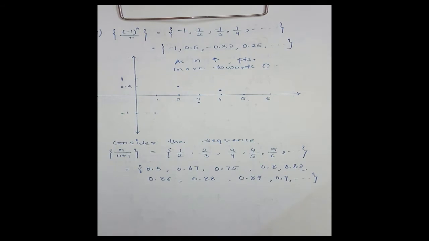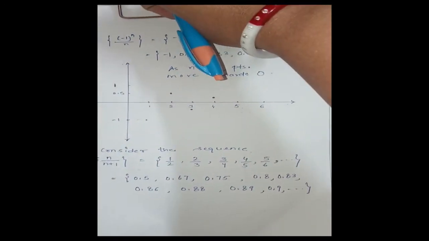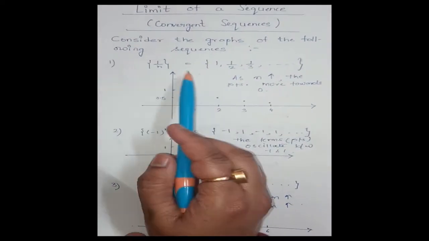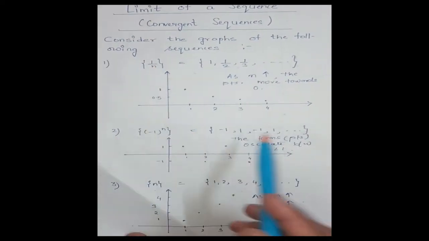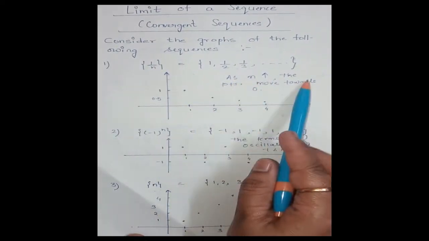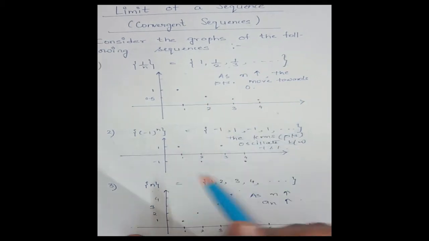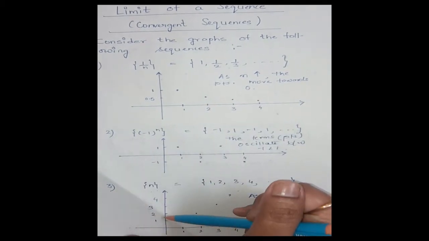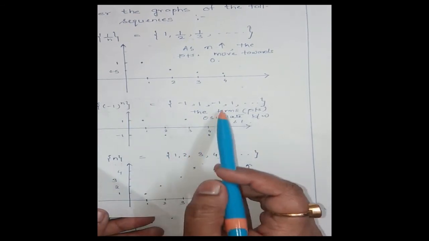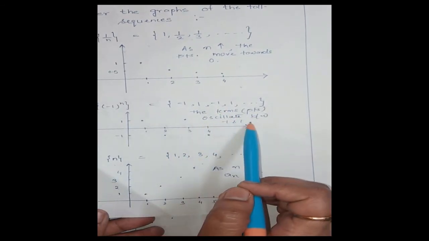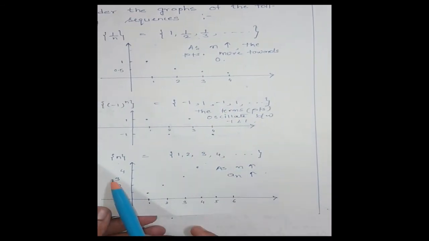In the first graph, the sequence 1 by n, as n increases the points move towards 0, but not in the second and third. In the second graph, points oscillate between -1 and 1, and in the third graph, as n increases, a_n increases.